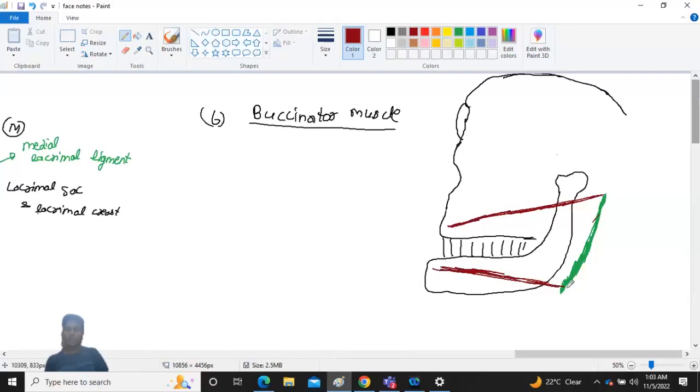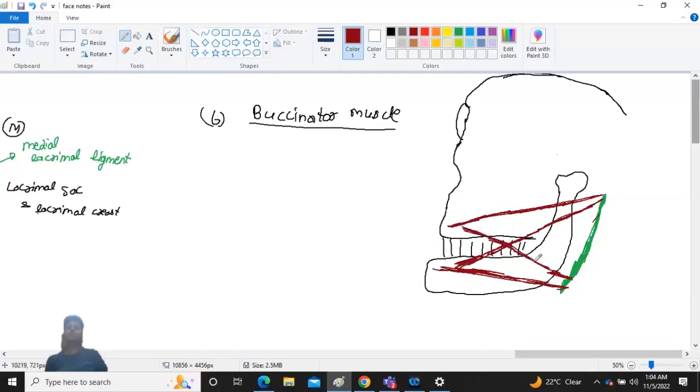Done. And the middle part has crisscross fibers. The upper fibers of the middle part cross and go downwards like this, and the lower fibers of the middle part go above and crisscross with this.